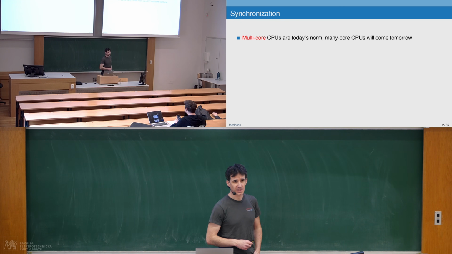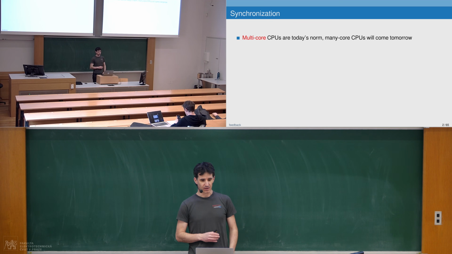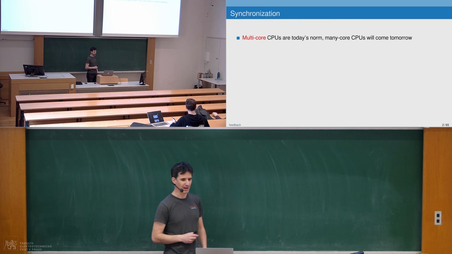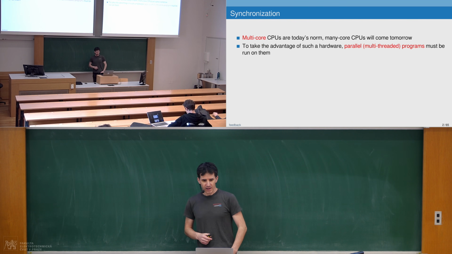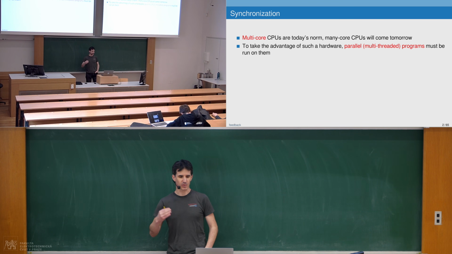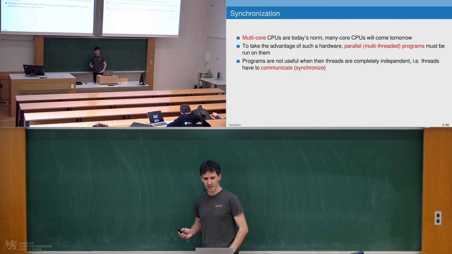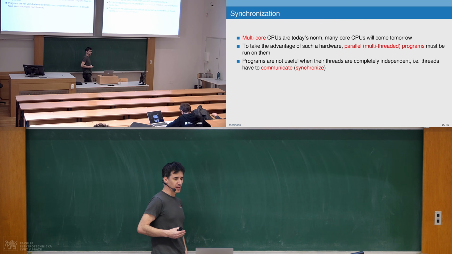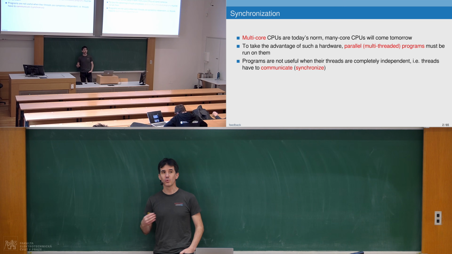So synchronization, just to be sure what I have in mind. We all know that all our computers today are multi-core, and we will have more and more cores in the future. If we want to use all this computational power provided by these multi- and many-core CPUs, we have to write parallel programs. For this parallelism to be useful, those threads or parts of the program which run in parallel have to communicate.